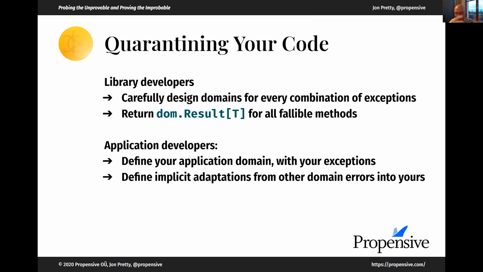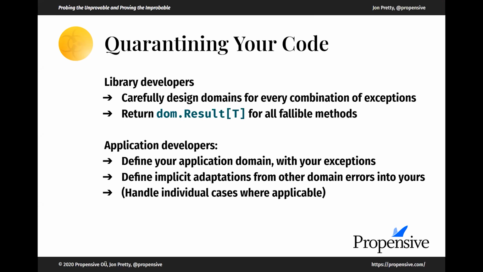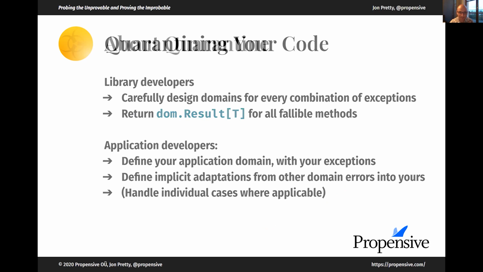You don't care exactly what the detail was. Maybe you record it in the message in that exception, but you want to aggregate all those errors into something else. Or maybe you actually want to inspect. If it's an access exception, treat that differently, map it to a different exception than you would if it were a parse exception. You can define implicit adaptations for the common cases, but you can also define inline how to deal with mapping between domains for individual cases.